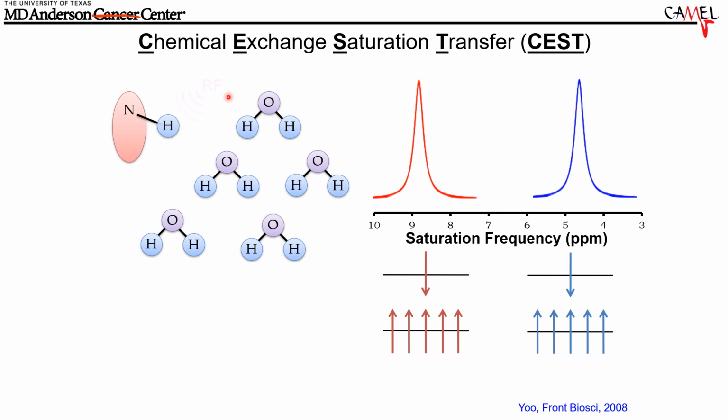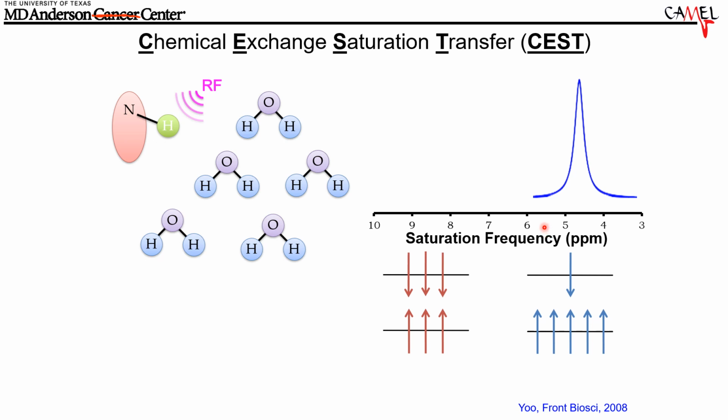Now what happens if I apply radio frequency saturation and scramble the net coherent magnetization from this proton? That would be like equilibrating this diagram. So now there is no net magnetization pointing with the magnetic field. They totally cancel each other out, the low energy and high energy states of the magnetization of this proton.